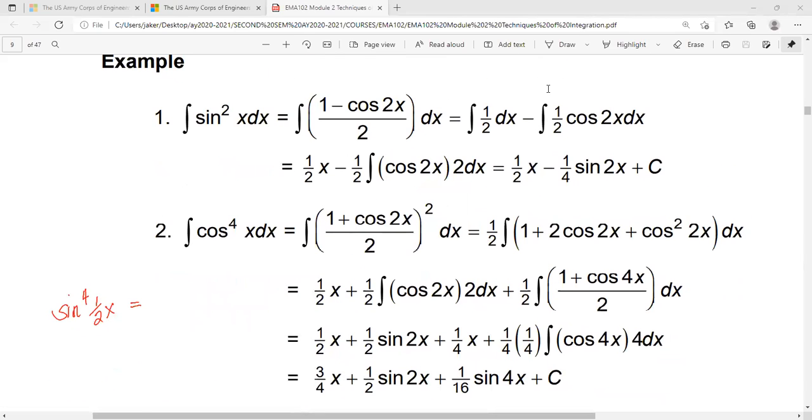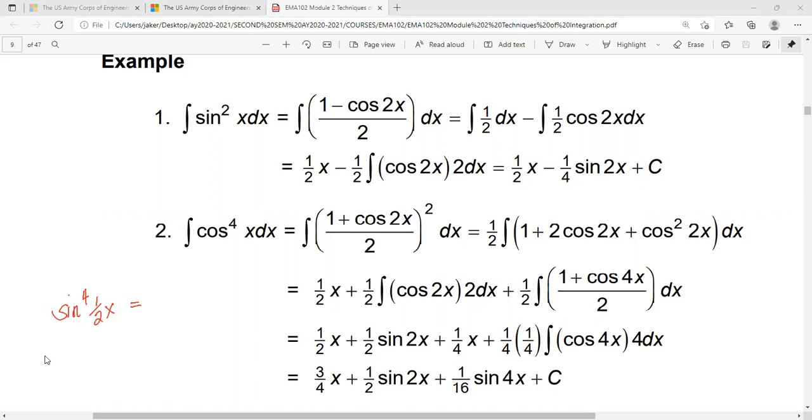Anybody? Drews, do you have any idea how do we write the equivalent identity of this using case 2? Would you know the sine of 1/2 x raised to 4?